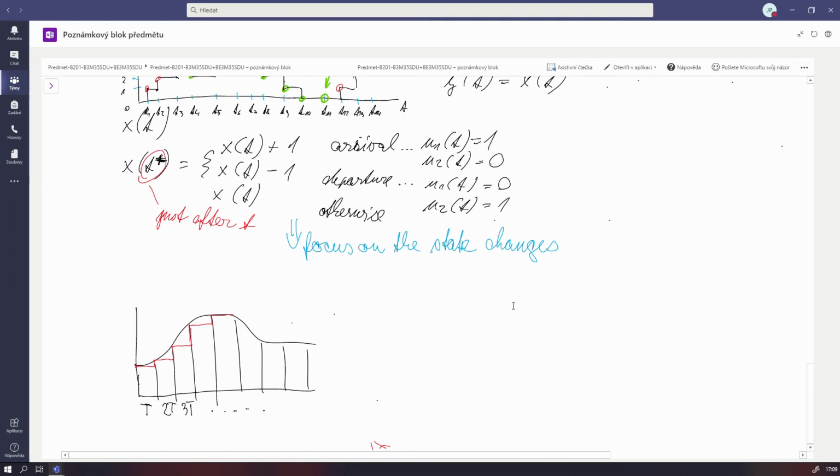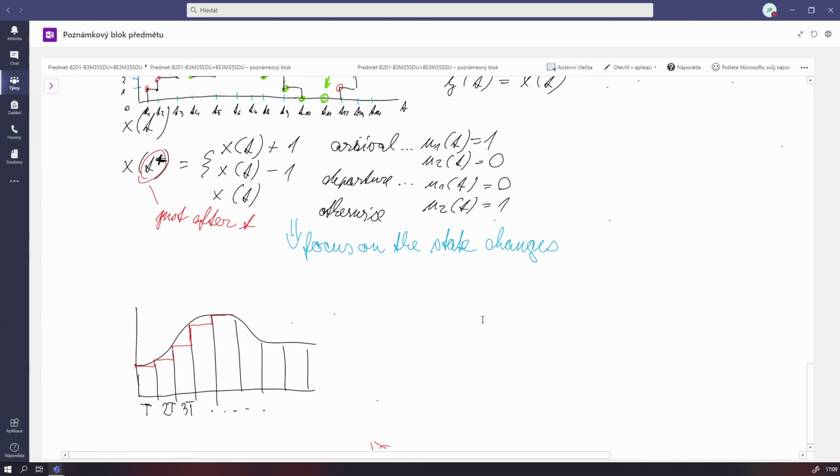So we can see the difference between discrete state space and the discretized sample path with respect to discrete time instances.